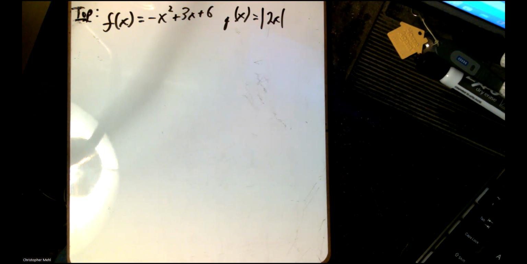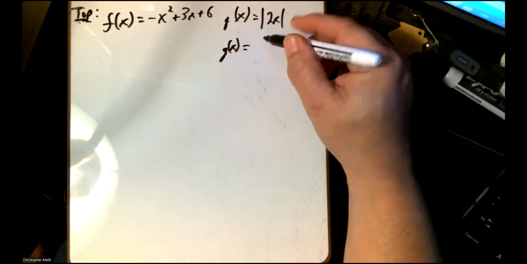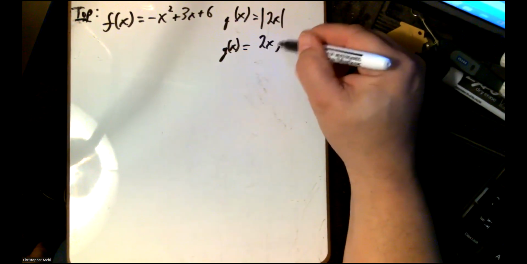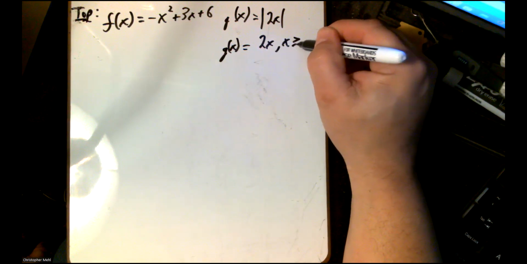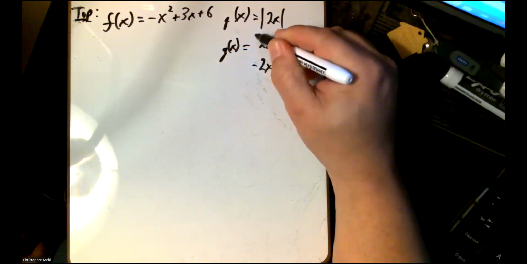Once again, I need to find where these things are equal. So let's note that g of x equals 2x for x greater than or equal to 0, and negative 2x for x less than 0.